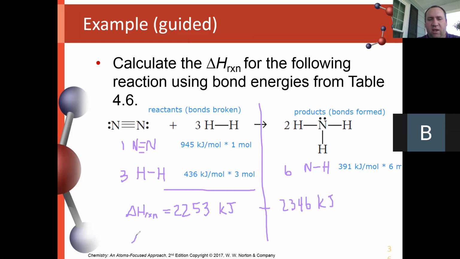So delta H for the reaction is going to be 2253 minus 2346, which would be a negative 93 kilojoules.